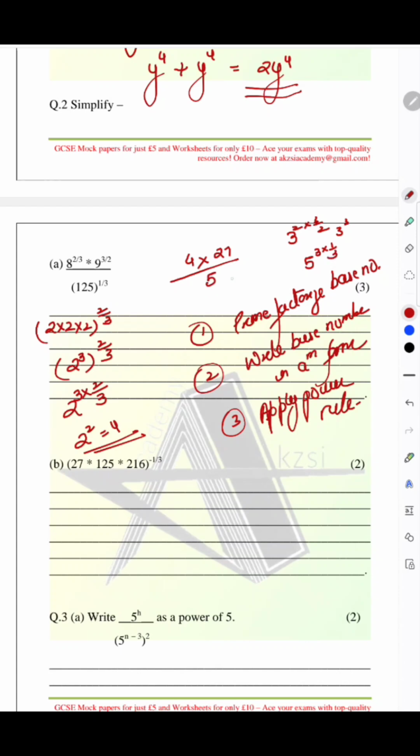So you just need to do 4 times 27 over 5 and that will give you the answer. But generally this kind of question is asked in non-calculator papers, so leave your answer in fraction rather than decimal form, which is 108 over 5 as it is.